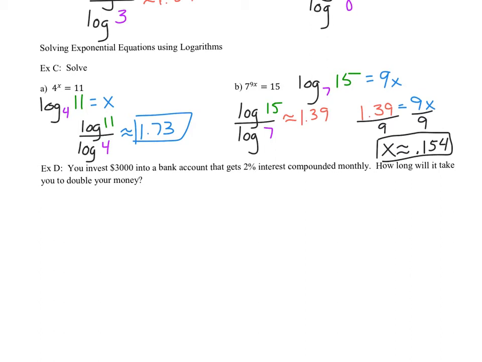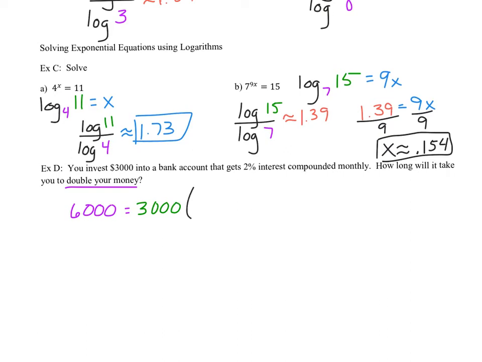So you invest $3,000 in a bank account. You get 2% interest compounded monthly. How long will it take for you to double your money? Double our money. Okay, so what it's saying is we want $6,000 because that's double of what we deposited.